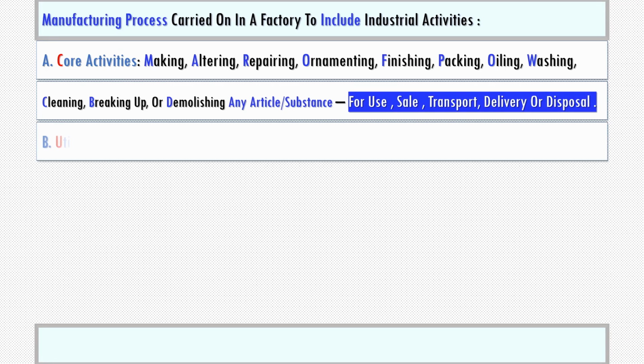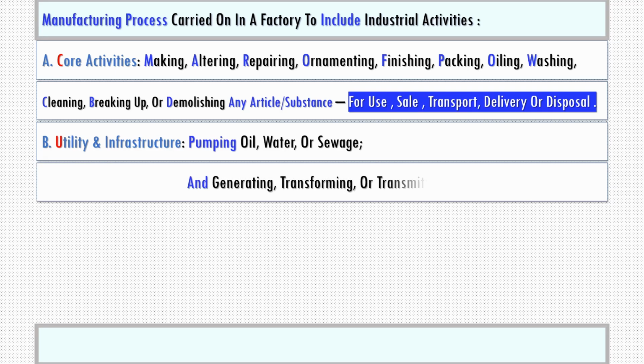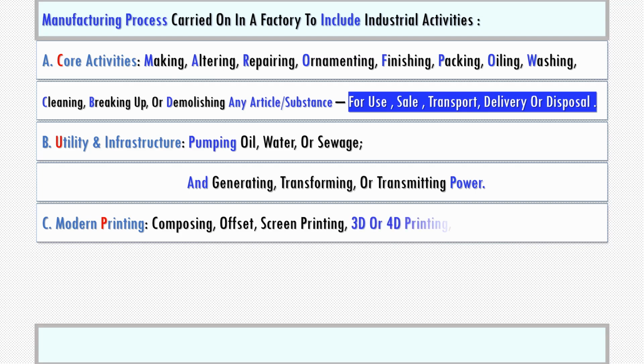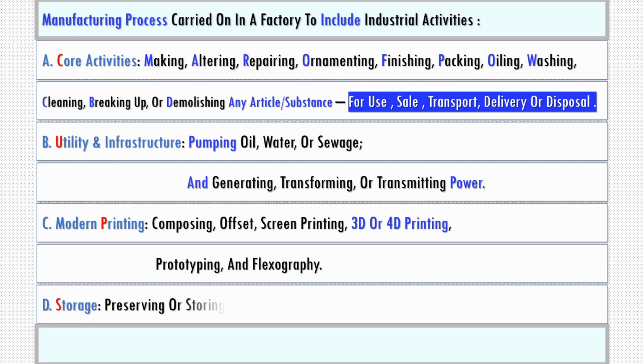Second type of industrial activity of utility and infrastructure involving pumping of oil, water, or sewerage, and generating, transforming, or transmitting power. And the third type of industrial activity of modern printing, comprising offset, screen printing, 3D or 4D printing, or prototyping, and flexography. And the fourth type of industrial activity related to manufacturing process is storage, the activity of preserving or storing any article in cold storage.